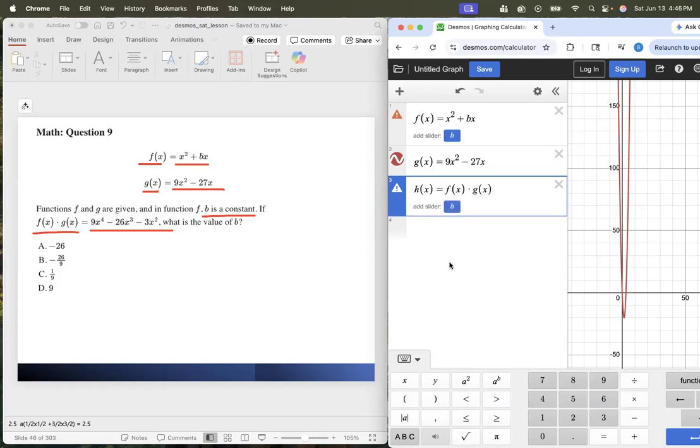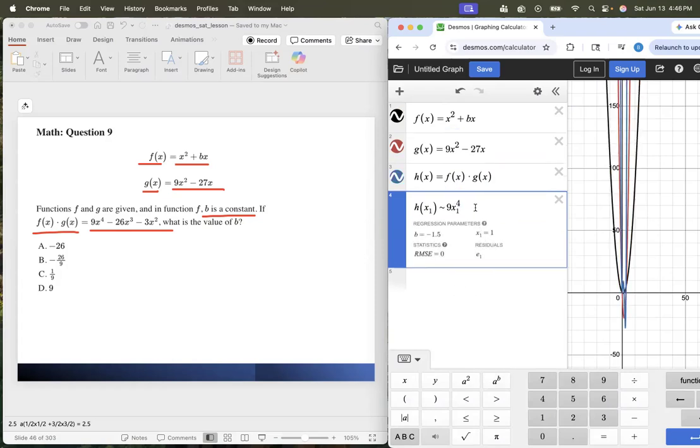I don't know what it is, but I know this h of x, x1, if you regress it with this function, I'll be happy. We're going to get the right answer. So regress that one with that.